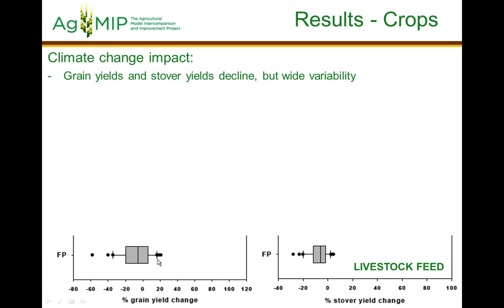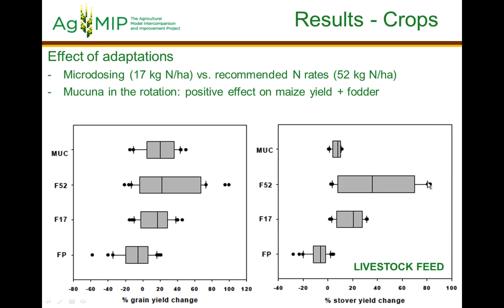Here you see the change in grain yield with climate change, and here the change in fodder production in terms of maize stover, again with climate change. So we see that with climate change there is a decrease in the maize crop residue production, and that will have an impact on the livestock because it means that there's a reduction in livestock feed quantity.